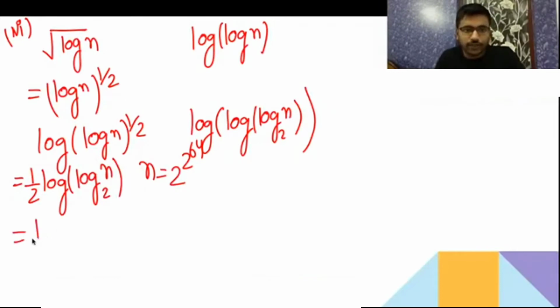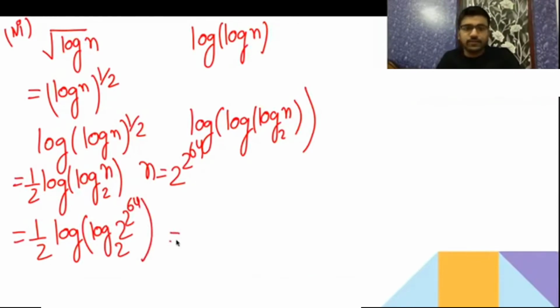So half log of log n. Why have I taken this kind of number? Because here I am doing log two times, so that we are able to get a number such that the base will be the same. See, when I do it, it will be clear. In place of n you can write 2 to the power 64, base 2. So this is going to give half log, and log of 2 to the power 64 gives 64, the power will come.